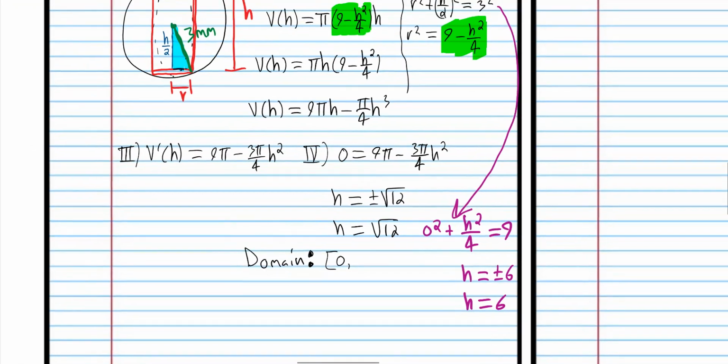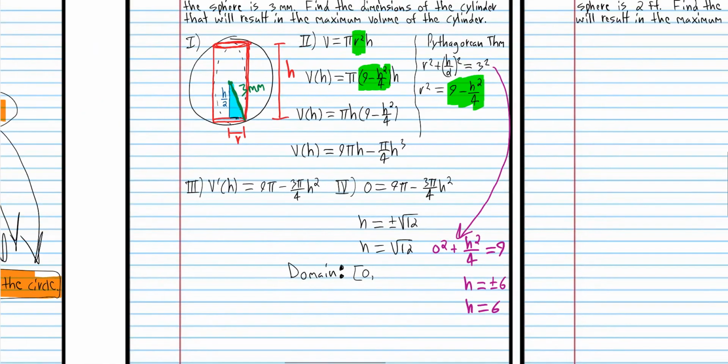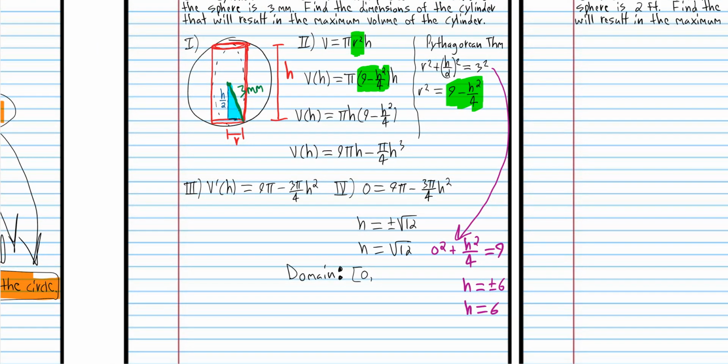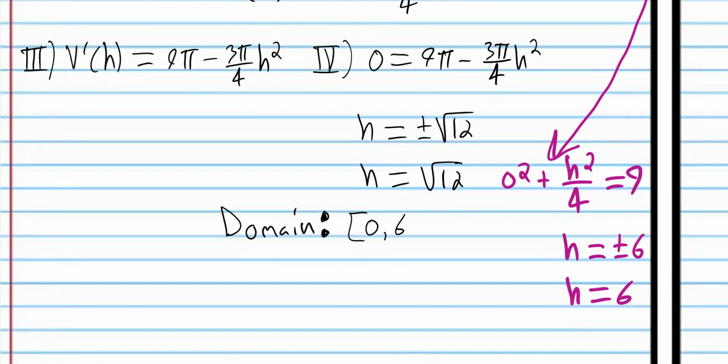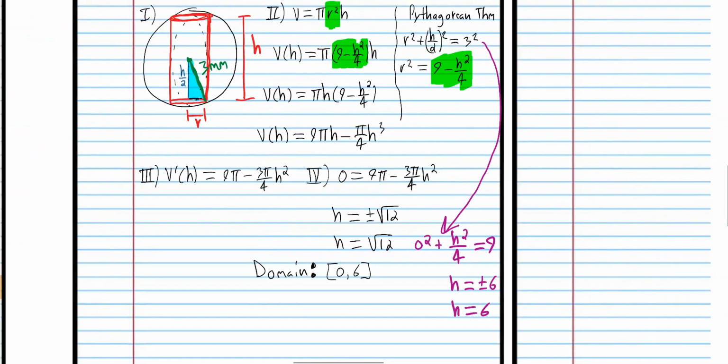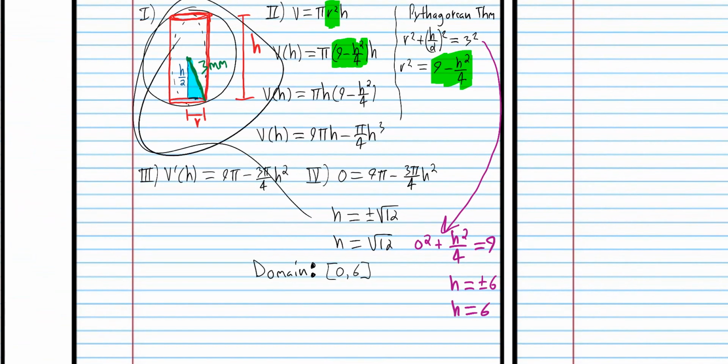So if r went to 0, then h would be 6. That's the maximum value. Again, the volume would just be 0 in that case. So with both of these pink bounds here, the volume of the cylinder would just be 0.